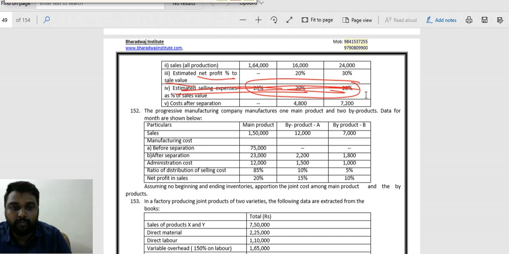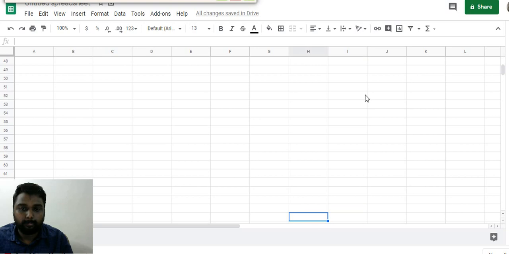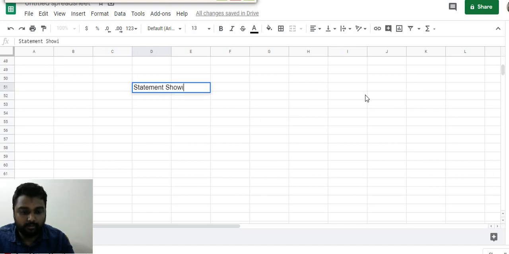Are you ready? Question number 152. Statement showing apportionment of joint cost.